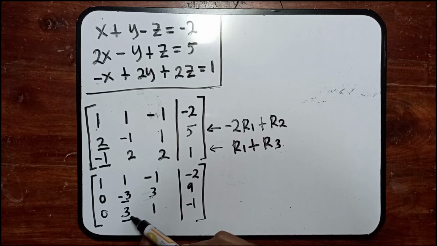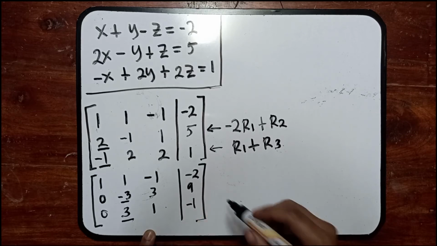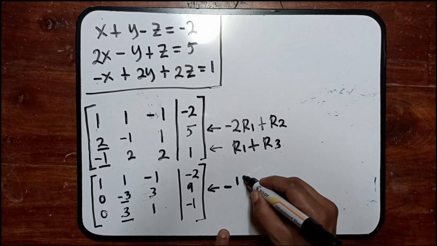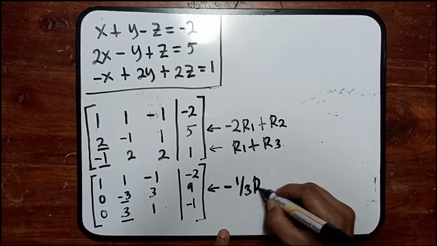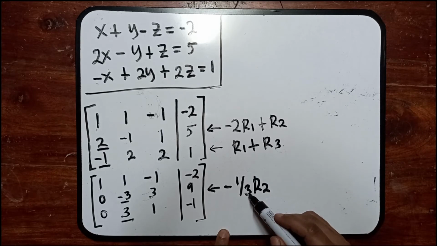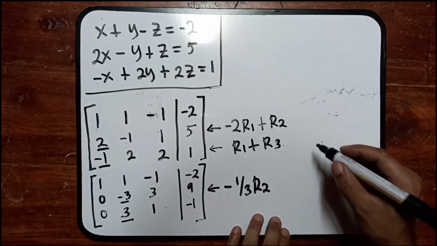And for this number, it should turn this to 0. Okay? So let's try 1/3. So let's try here. Negative 1/3 times R2. So we can use negative 1/3 multiplied to negative 3, it will give us positive 1.